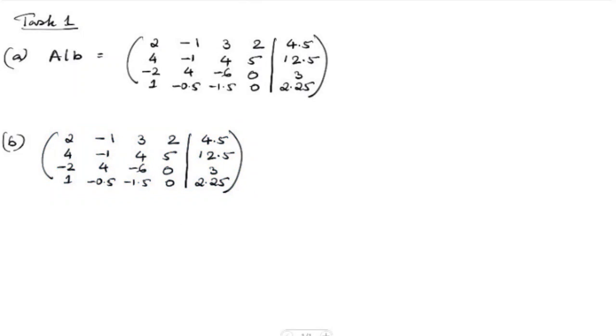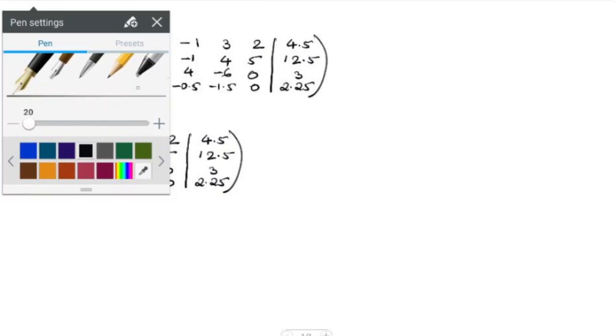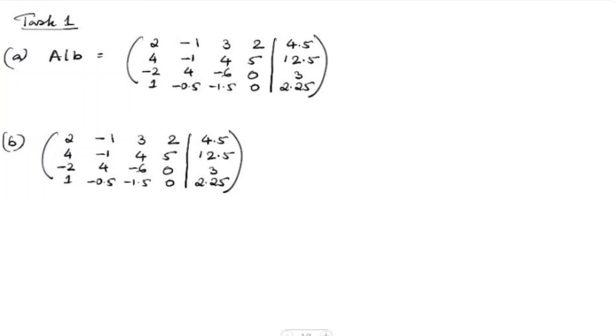Okay, now what we're supposed to do is draw a line below the diagonal, and all the elements below this diagonal, that is these elements here, should all be turned into zeros. So we'll start working on that now.